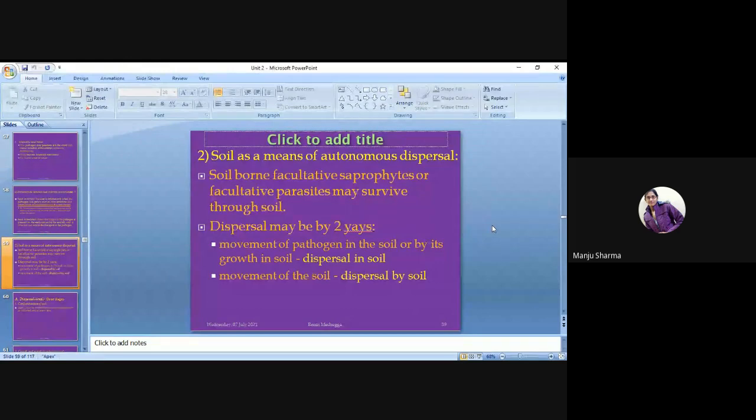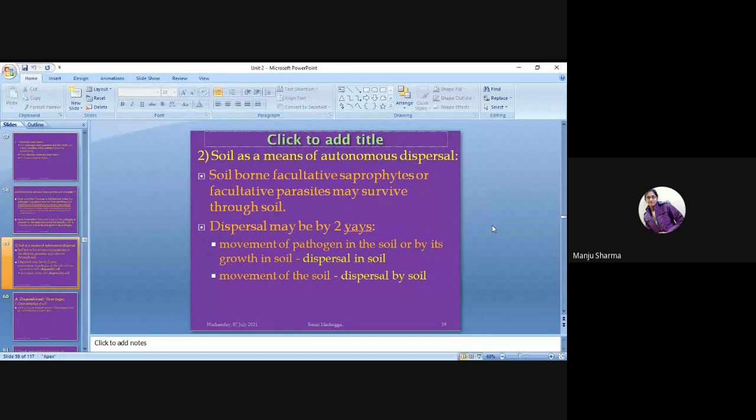So here the dispersal may be by two ways. First is the movement of the pathogen in the soil or by its growth in soil. That is dispersal in soil.